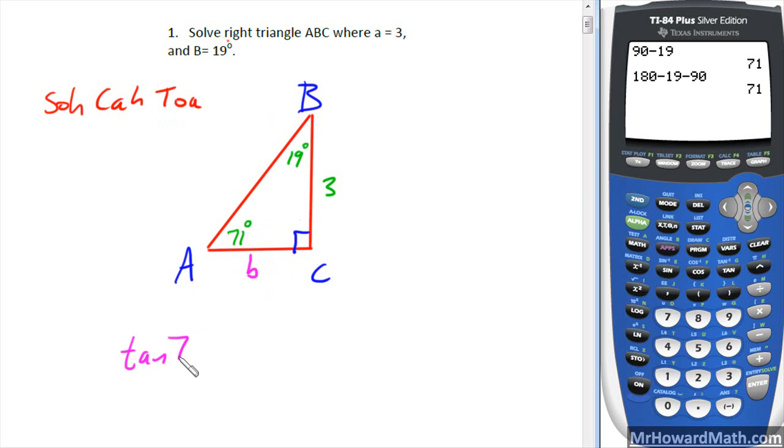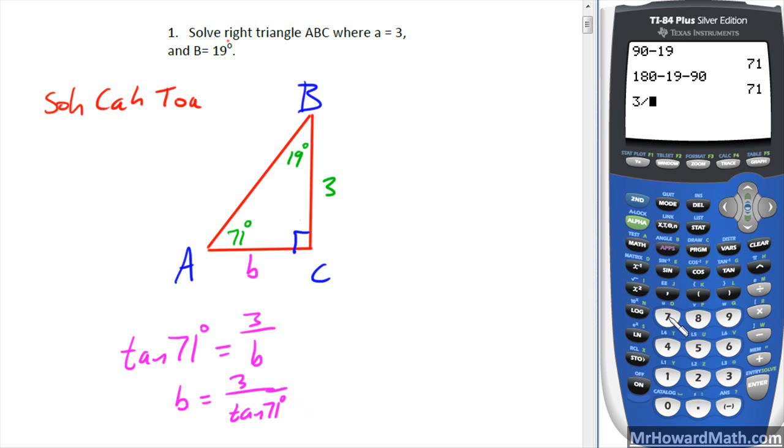So tangent of 71 degrees is equal to opposite 3 over adjacent little b. So cross multiply and divide, and we get b equals 3 divided by tangent of 71 degrees. So in my calculator, I'm already checked to make sure I'm in degree mode, and that's important. And we get side B is 1.03.